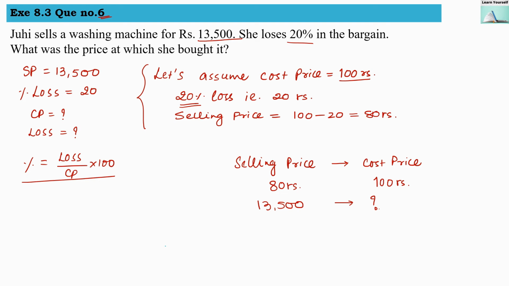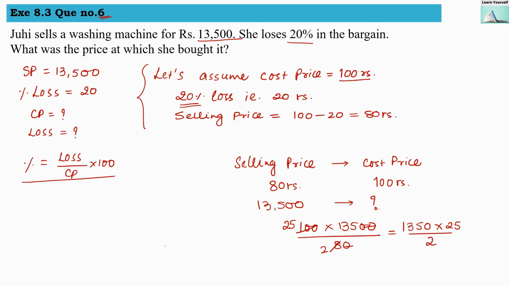So here 100 is multiplied by 13,500 divided by 80. This 0 and this 0 we can cancel off. 25 4s are 100 and 4 2s are 8. So we got here 1350 multiplied by 25 divided by 2.